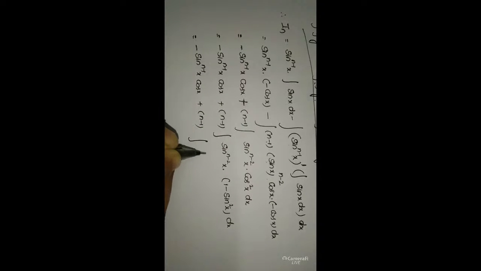This is equal to minus sin^(n-1) x into cos x plus (n-1) into the integral of sin^(n-2) x into 1 minus sin^(n-2) x into sin^2 x dx. Here minus 2 plus 2 gets cancelled, so this value is sin^n x.